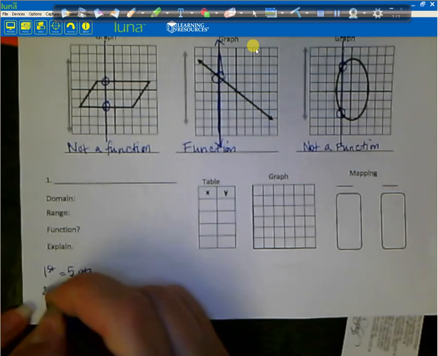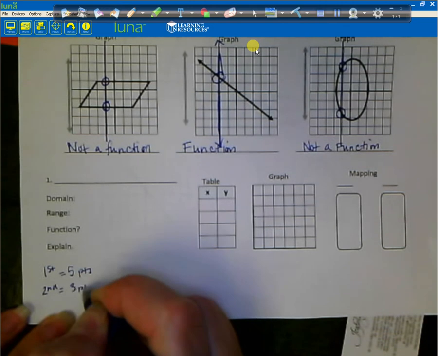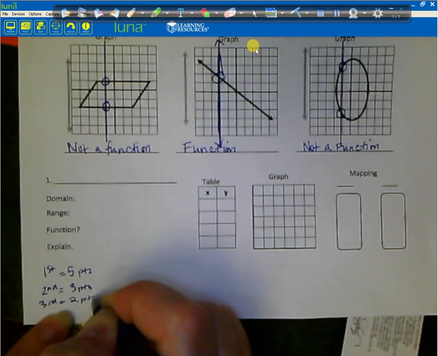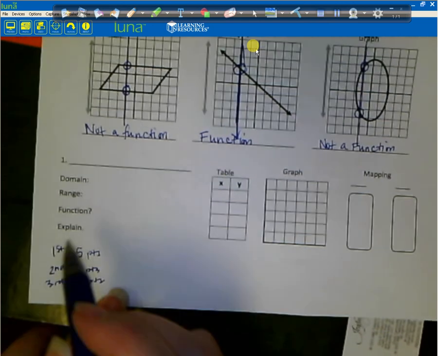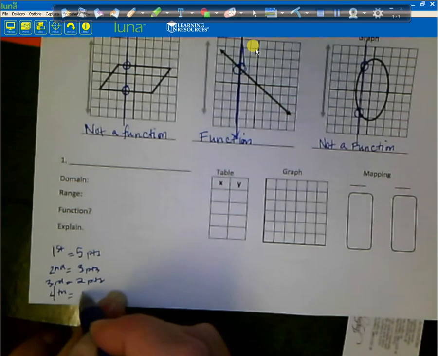Second place gets 3 points. Third place, 2 points. And fourth place, 1 point.